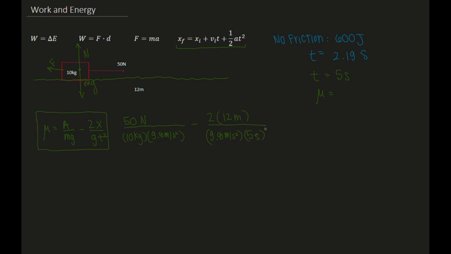What I'm going to do again is set all my numbers up first, and then set all my units up so we can see how the units should cancel. Again, I should get something that is unitless. So the frictional coefficient mu should be equal to 50 over 10 times 9.8, and I'm going to subtract from that 2 times 12 over 9.8 times 5 squared.